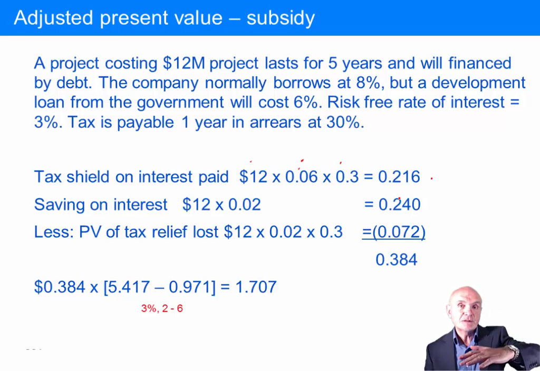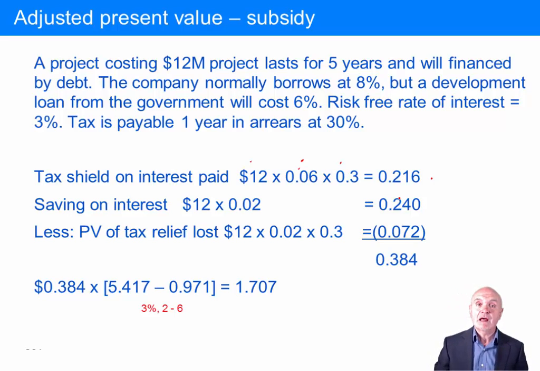It reduces our interest bill by 2%, but we're actually losing out 30% on that because we're not getting the debt relief. So the final and the tricky thing is less the present value of the tax relief lost. So borrowing 12 million, we're getting off 2%, but the other thing is, of course, we are not saving 30% on that.